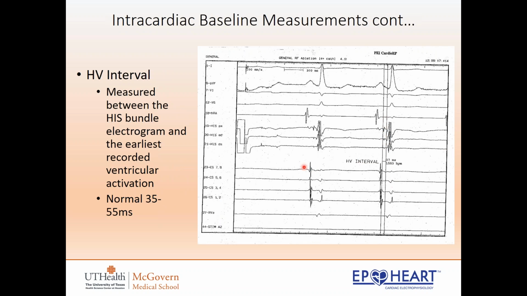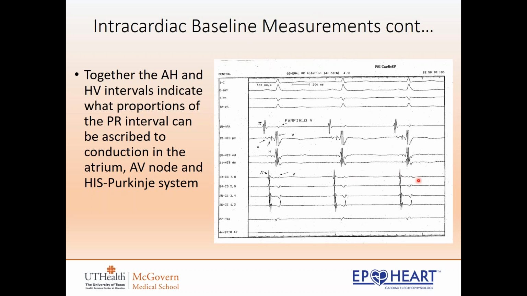The HV interval is the time it takes a signal to actually get through the His bundle. So if I have a longer HV interval, then I have a delay below the node, and that's going to lead me to believe that the patient may be susceptible to complete heart block because it's below the node. Combined, the AHV gives us that PR measurement. So that's why we do baselines. We want to make sure we know what is normal for this patient.